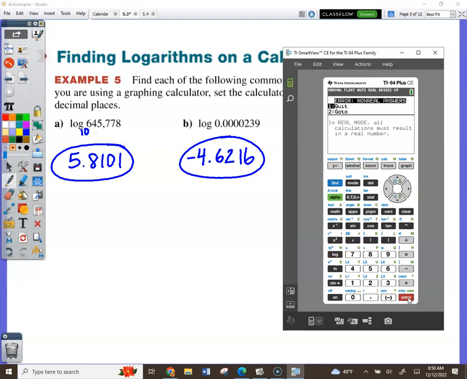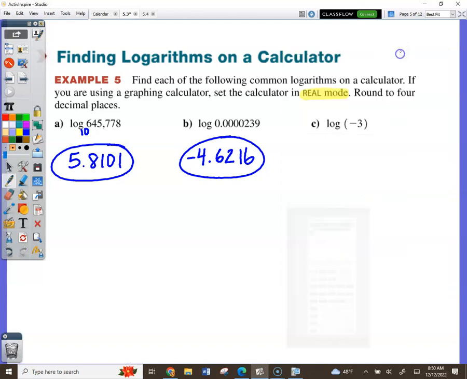You get an error. Now, instead of just saying error and moving on, let's understand it. Let's put right here equals what? Remember, this was base 10. So the base of the log is the base of the exponent. 10 to what power is -3? Well, wrap your mind around it. 10 to the first power is 10. 10 to the second power is 100. 10 to the third power is 1,000.